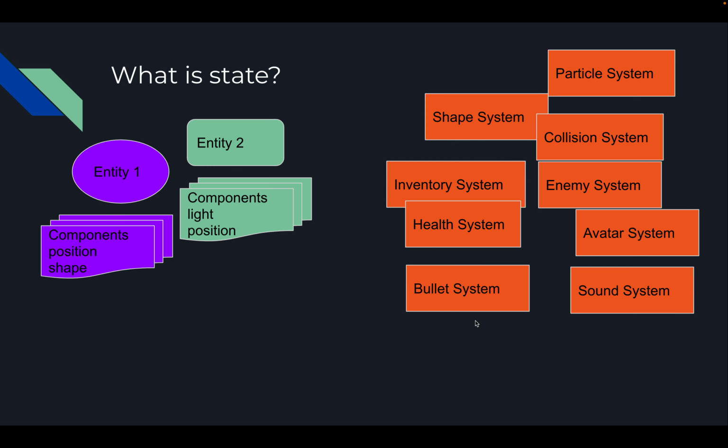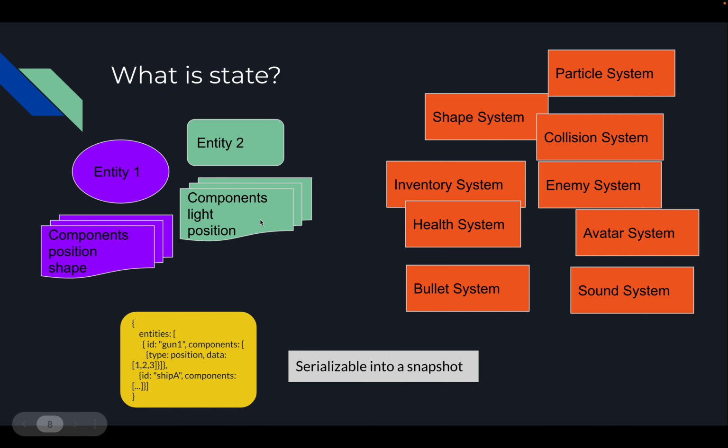And so this is good because entity and components can be totally described, because it doesn't have any code in them now, can totally be serialized into a snapshot or state. This is exactly what, if you put it on disk, wrote it into a file, a JSON format is compatible with that. It's just a list of entities.